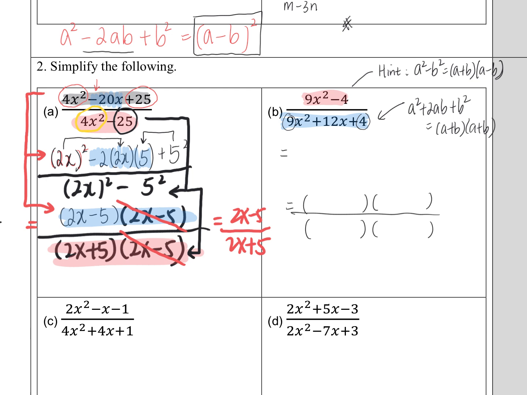Okay, try. See whether you can change this to this. Follow exactly part A. It's the same.